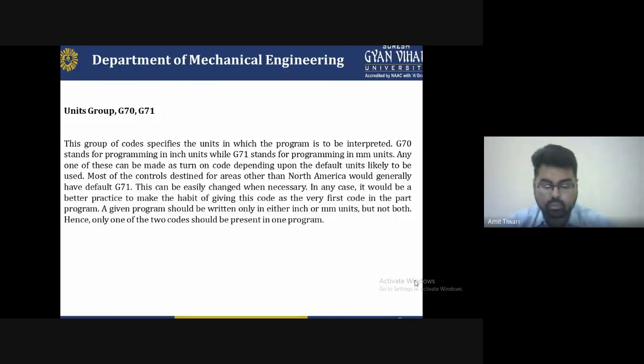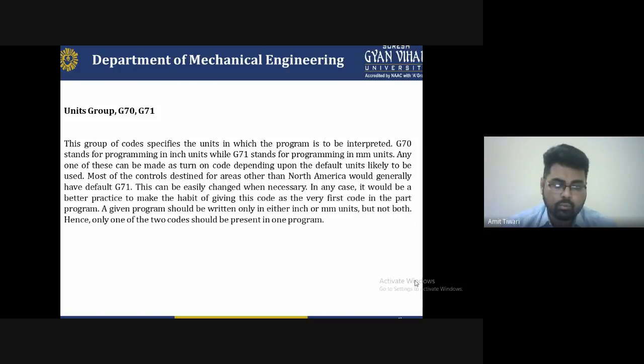Before starting the operation, once you have selected the code, this code will be treated by the system and program. You cannot change this in between running the program, because if you make changes in between, you will lose the material. So it is not possible.